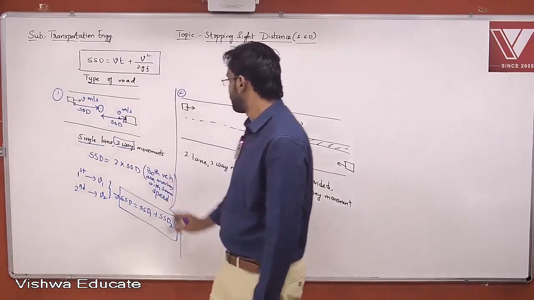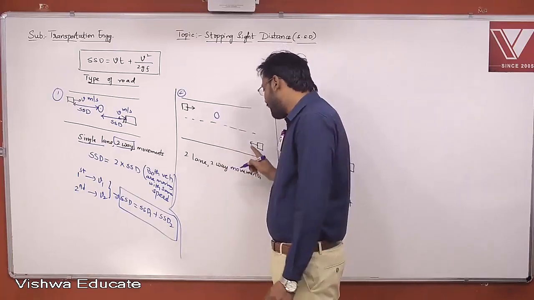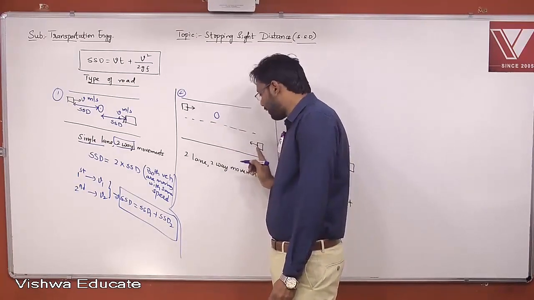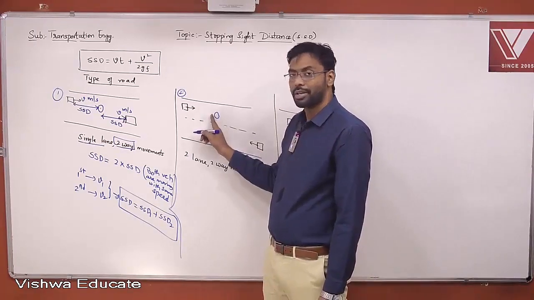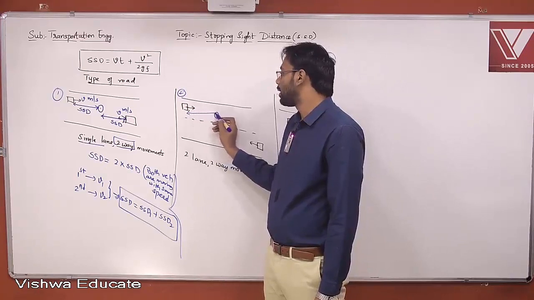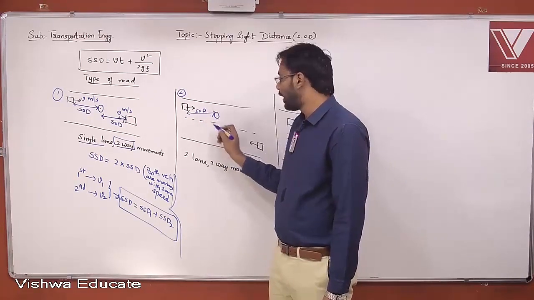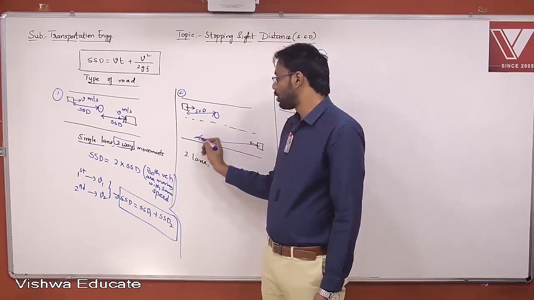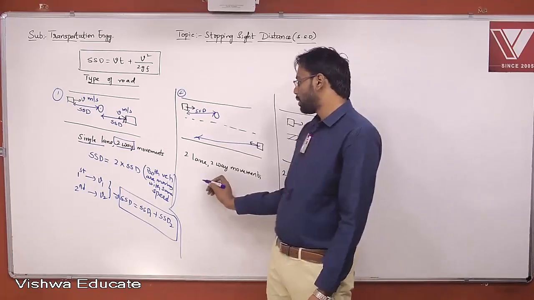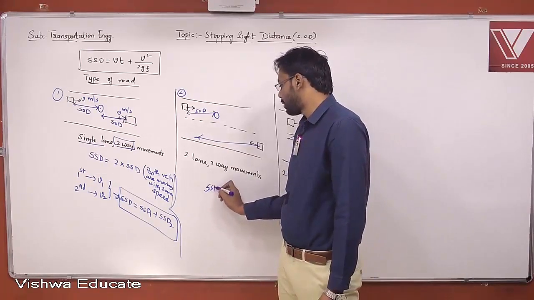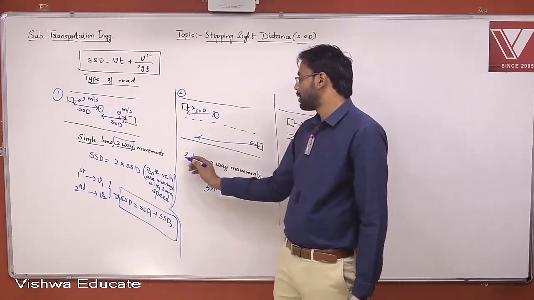Now the second case. For example, if there is an obstruction here, is it having any obstruction? No, right? If there is an obstruction here, only this vehicle needs to stop and he requires SSD. And the other can move because he is not having any obstruction, right? So in this case, SSD is equal to SSD only, because it is having two lanes.